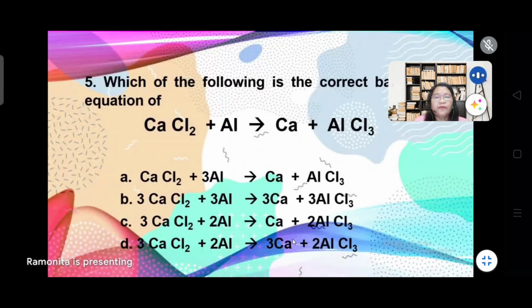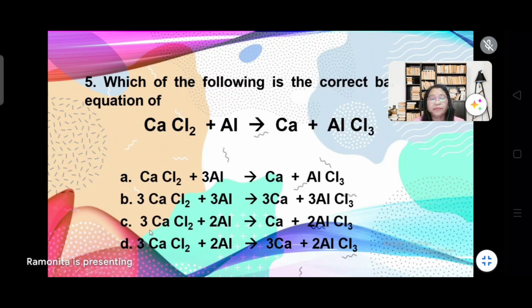which of the following is the correct balance equation of calcium chloride reacts with aluminum, produce calcium plus aluminum chloride? A. Calcium chloride plus 3 moles of aluminum produce calcium plus aluminum chloride. B. 3 moles of calcium chloride and 3 moles of aluminum produce 3 moles of calcium and 3 moles of aluminum chloride.